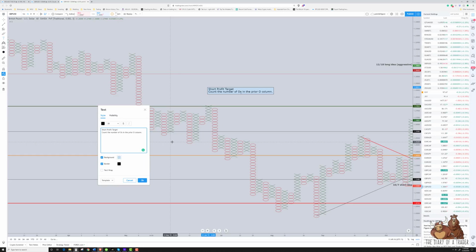Then I'm going to multiply by the box size, which here is 20 pips, and then multiply that by the reversal amount, which is 3.